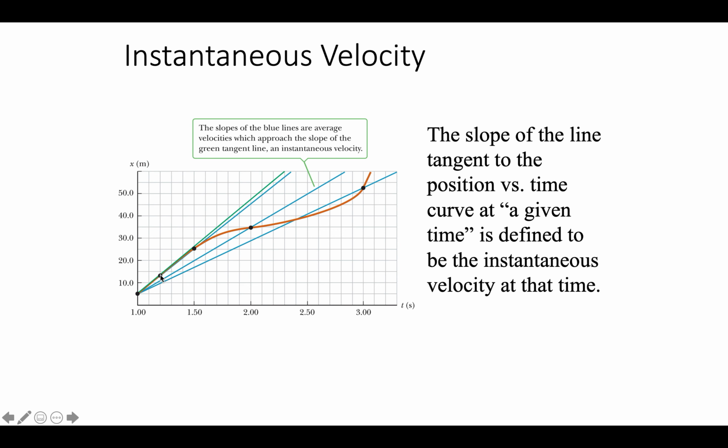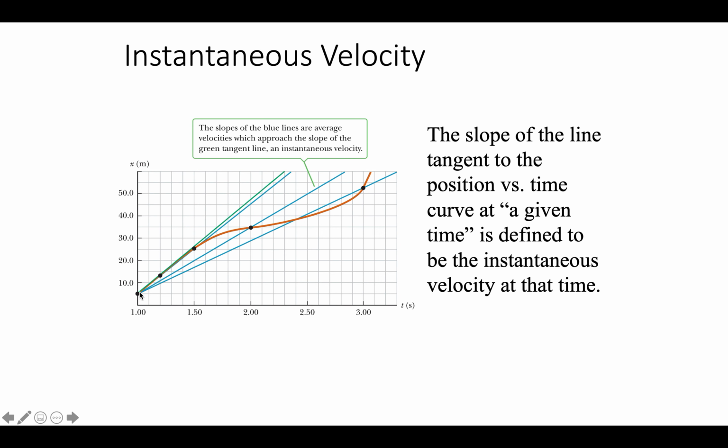So that green slope is giving you approximately the rate at this moment in time, while these blue lines are average velocities between the two points in question. The average velocity between here and here is given by the slope of the blue line. The average velocity between here and here is given by the slope of this other blue line.